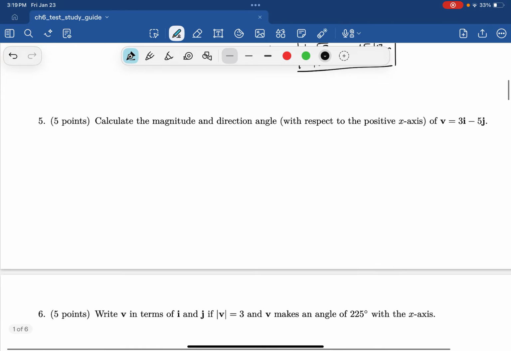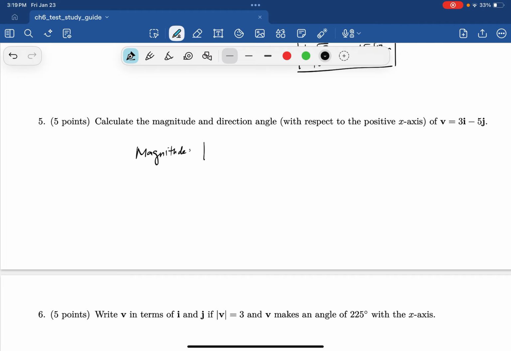Next one, calculate the magnitude and direction angle. Magnitude is not hard, right? It's just going to be square root of 9 plus 25, which is root 34. Angle, remember we have the two formulas.